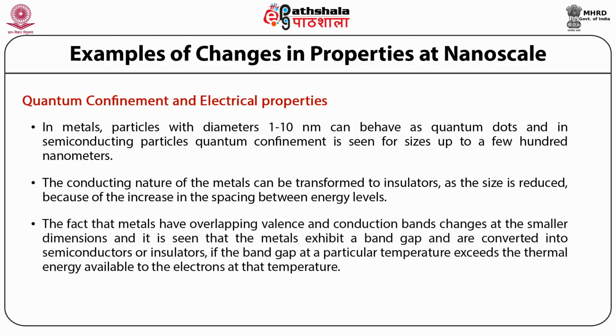The fact that metals have overlapping valence and conduction bands changes at the smaller dimensions, and it is seen that the metals exhibit a band gap and are converted into semiconductors or insulators if the band gap at a particular temperature exceeds the thermal energy available to the electrons at that temperature.